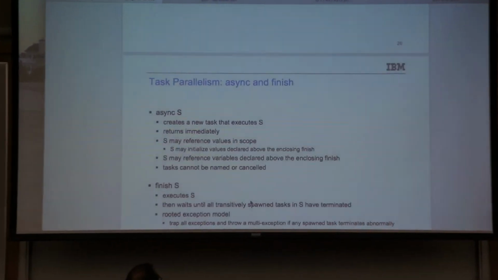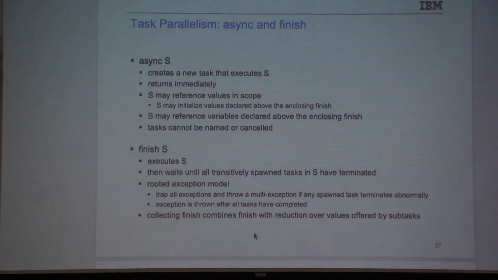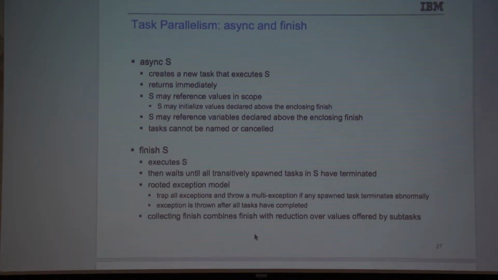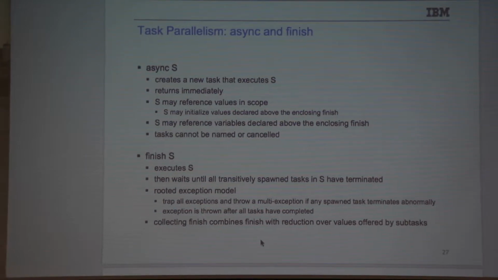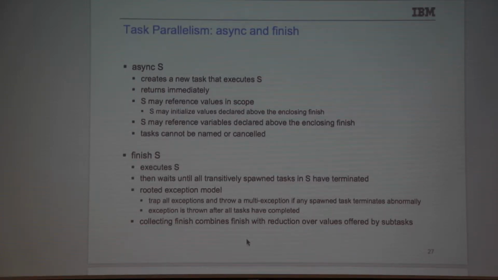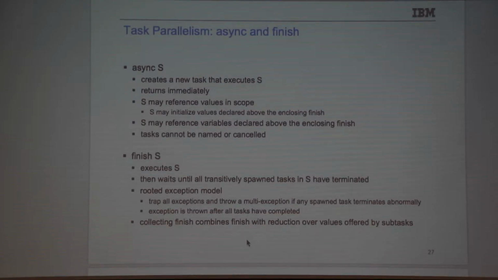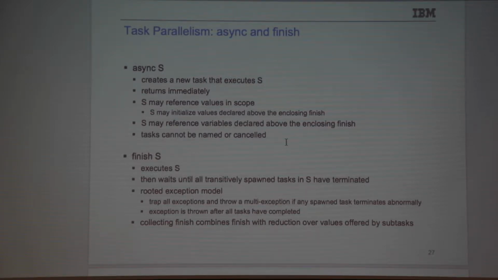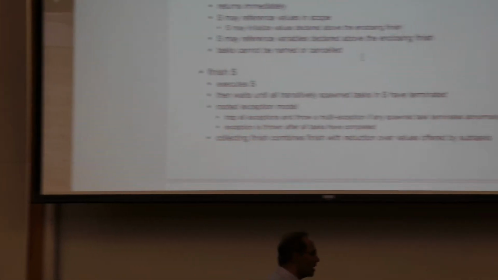Let's go on and talk about this stuff we've already talked about, so I'll just summarize quickly. Async creates another activity, a task that is going to execute S. Async itself returns immediately. S can reference values that are in scope. Values include val declarations in the enclosing scope, and interestingly, X10 allows for delayed initialization, asynchronous delayed initialization. Let me quickly describe the idiom.